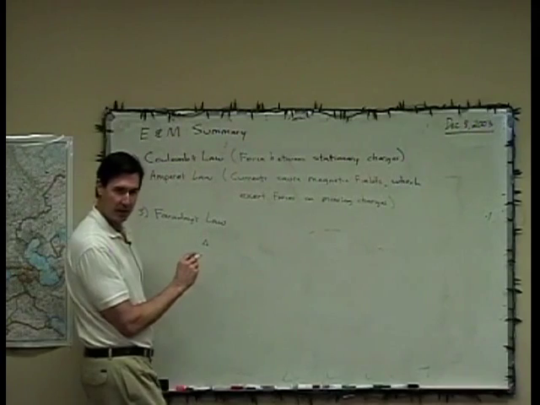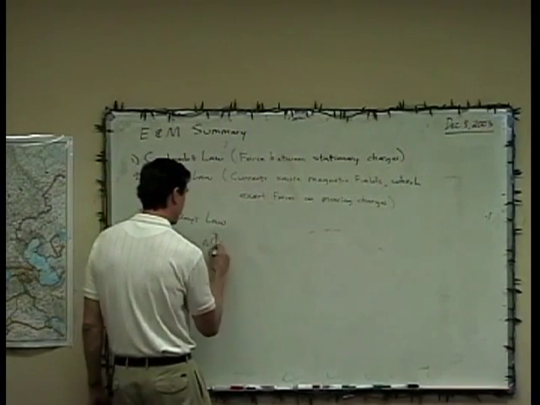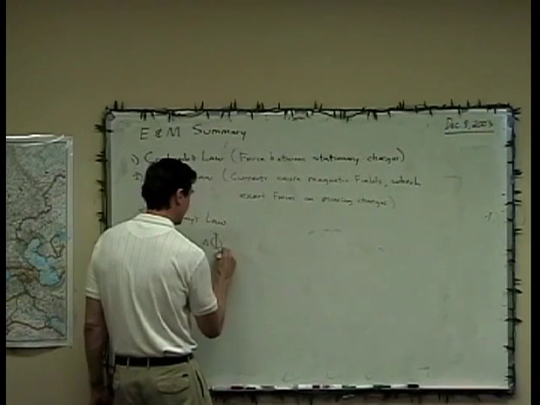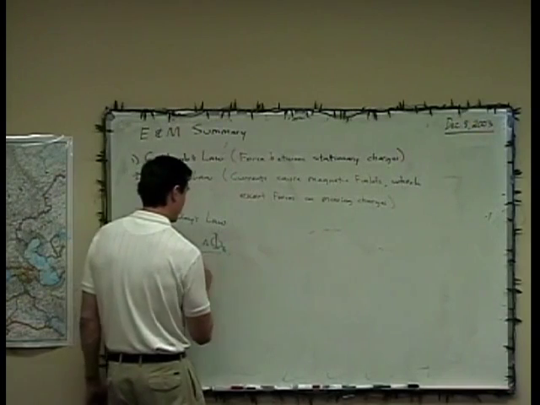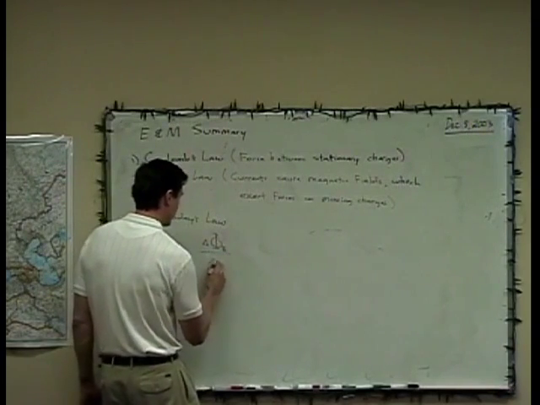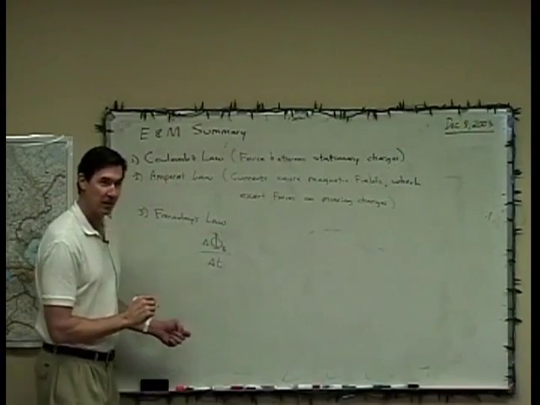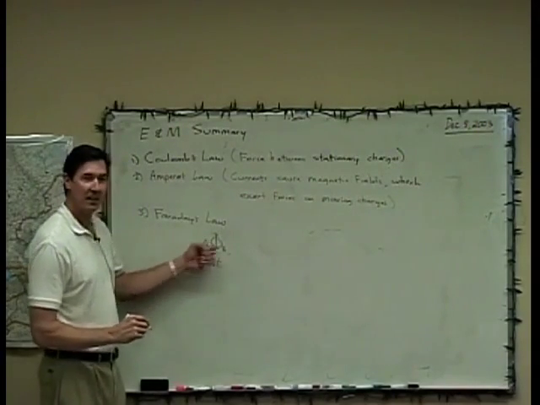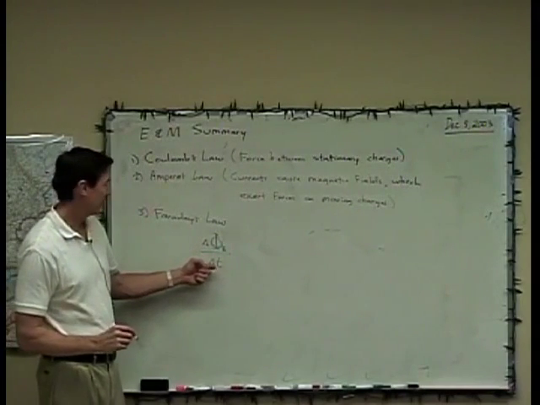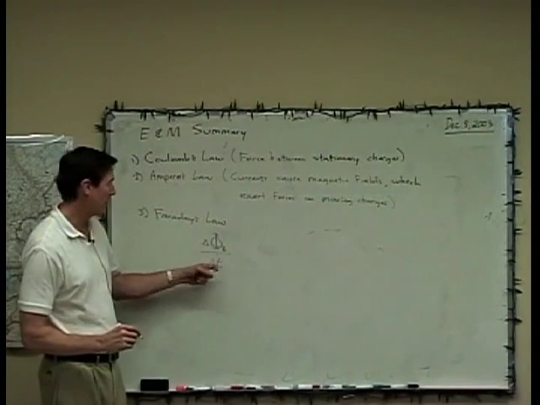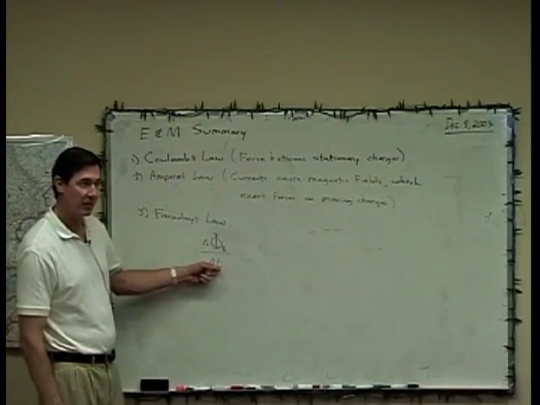Do you remember that? So if the magnetic flux through the loop, the change in the magnetic flux per time interval. Okay, so this is like the rate that the flux is changing, because the change in the flux given a certain change in the time.